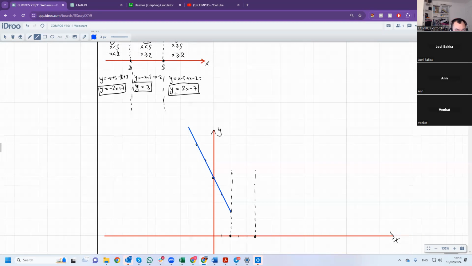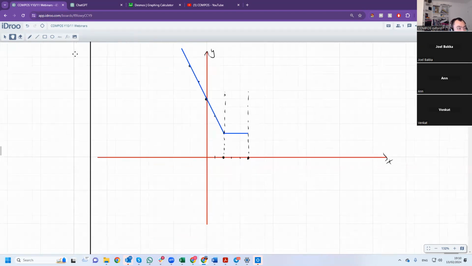Now, if x is between 2 and 5, it's equal to 3, so it's a horizontal line. And if x is greater than 5, then it passes through 7 with a gradient of 2.